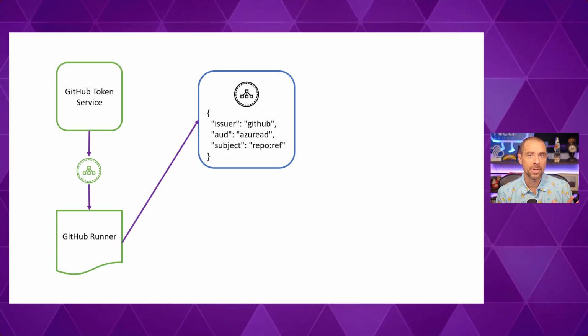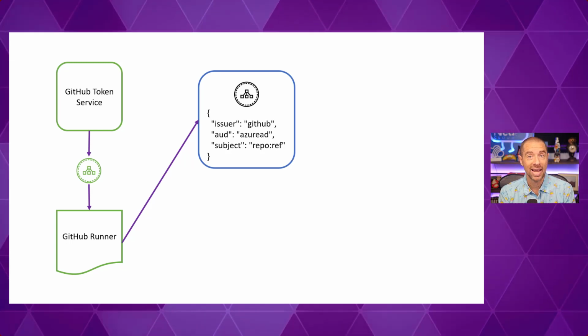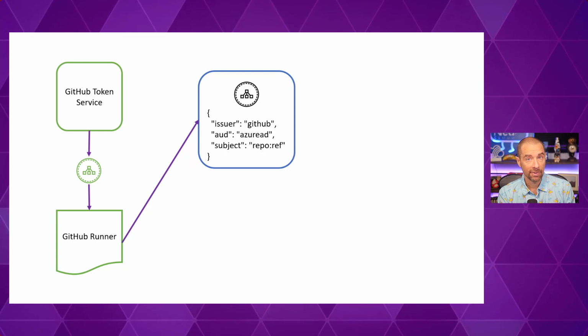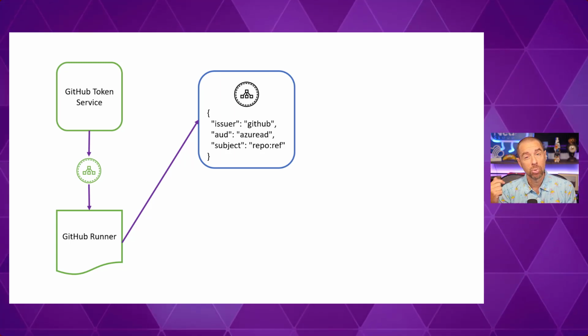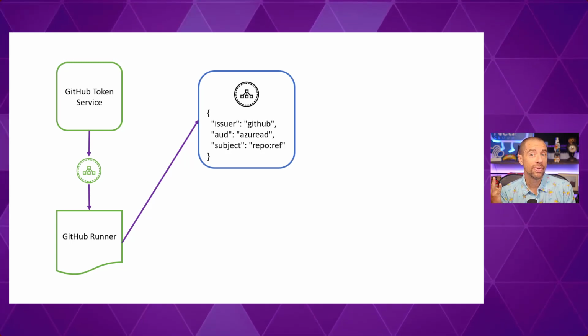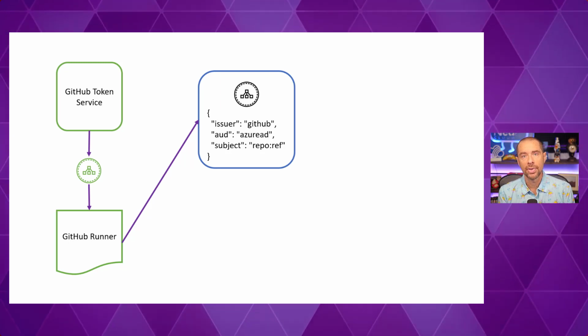And this is going to be specific to the repository associated with the workflow that runner is executing. And it will include details like the repository itself, what's the name of the repository, if there's a particular branch or reference, if there's a tag, if this is a pull request, or if it's an environment. So that is going to form the subject of the token.